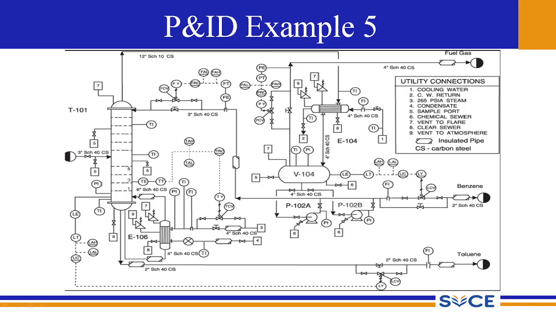And these connectors are represented by this half moon kind of circle, and all these are connectors. So the connectors will be present in the next P&ID diagram. So we can continue this flow from this P&ID sheet 1 to P&ID sheet 2.